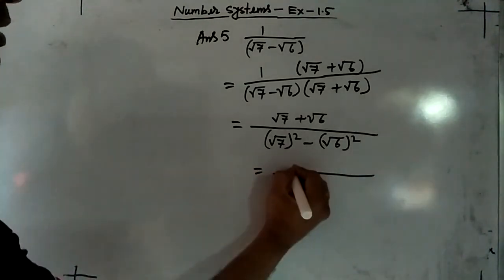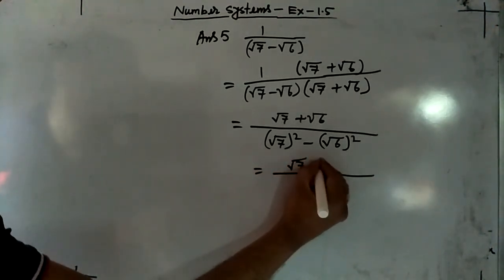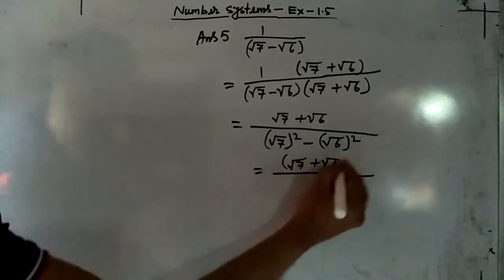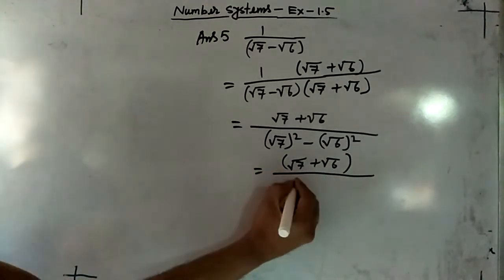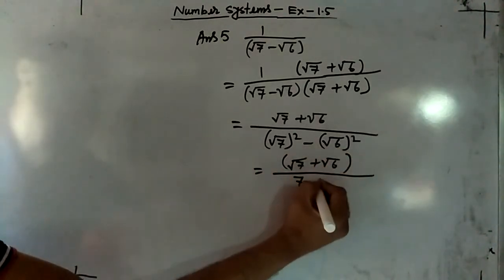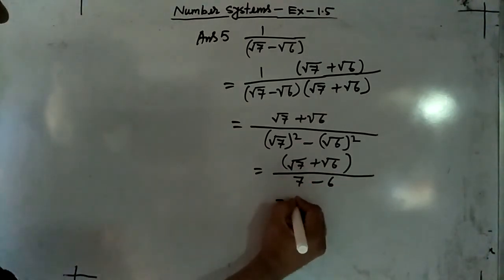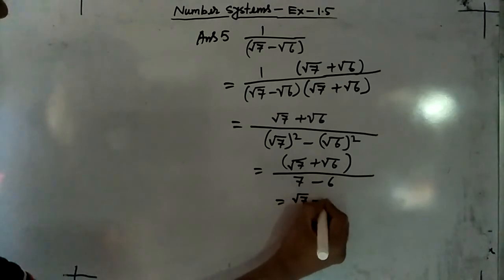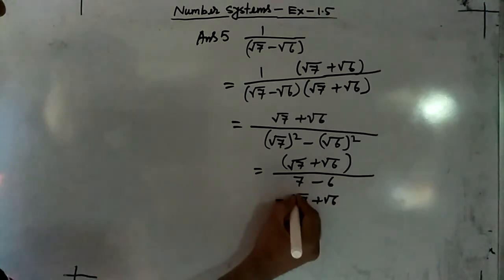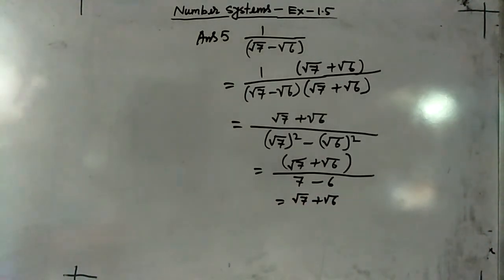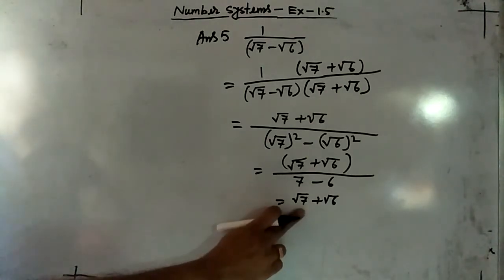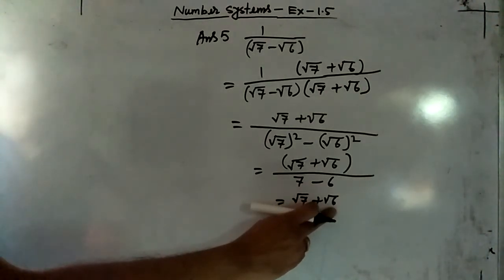Root 7 square is 7 and root 6 square is 6. Now 7 minus 6 is 1, so we'll get root 7 plus root 6, and in the denominator is 1, so no need to write 1. So our answer will be root 7 plus root 6.